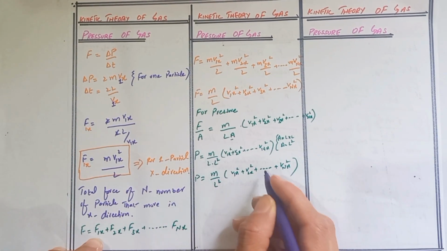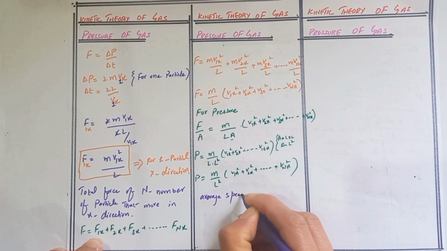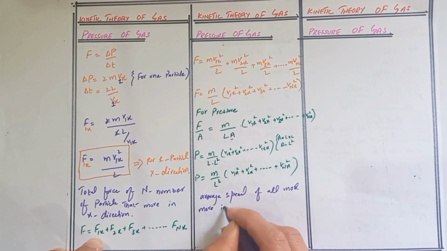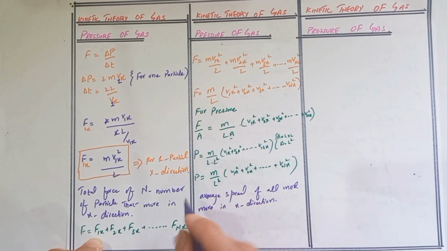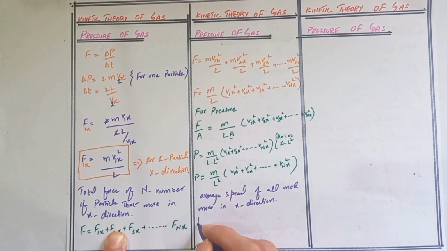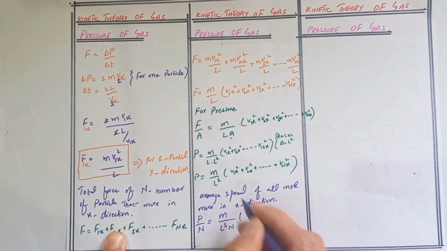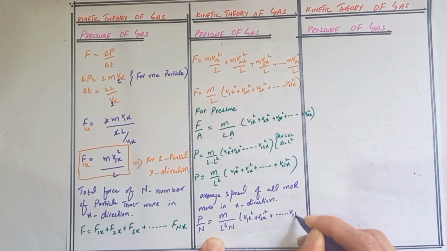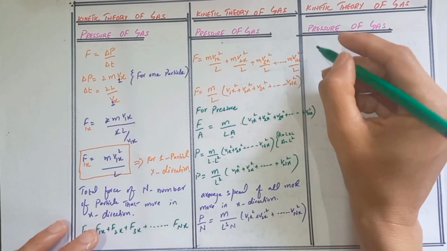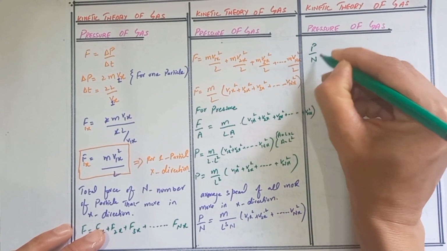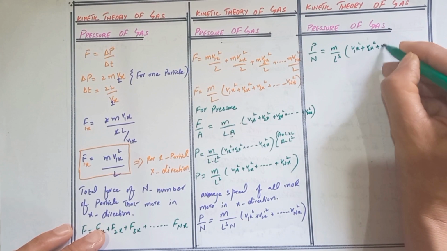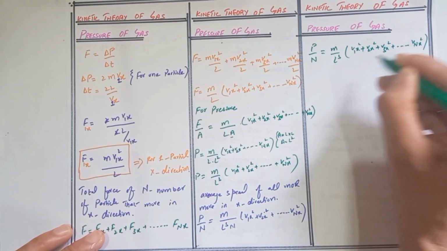If I want to calculate the average speed of all molecules moving in the x direction, we divide by n on both sides. So we get P over n equal to m over L³ times (v1x² plus v2x² plus v3x² plus up to vnx²) divided by n.